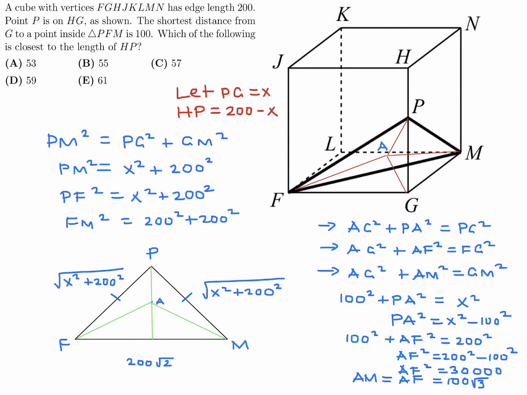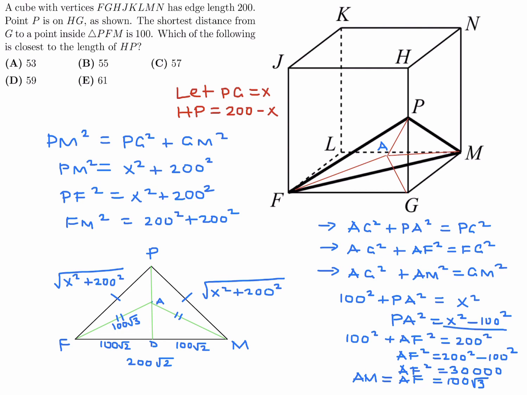And again, since we calculated AM is equal to AF, these are also equal, and they're both equal to 100 root 3. So you can just put that in there, 100 root 3, both of them. Now, since this is an isosceles triangle, this line basically cuts that base in half. So if I call this D, FD will basically be half of that. So it'll be 100 root 2, and this will be 100 root 2.